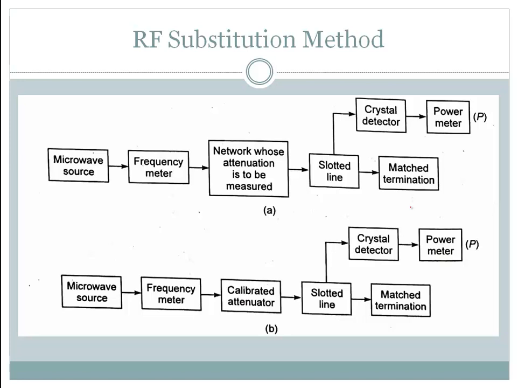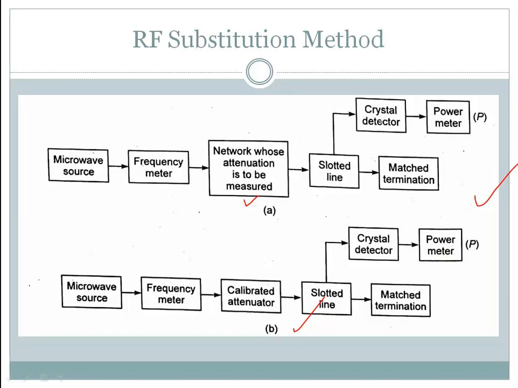So the circuit arrangement or bench setup for the RF substitution method is this one and this one. In the first case, we use a device or network whose attenuation is to be measured, and the position of this device will be in between the frequency meter and slotted line.